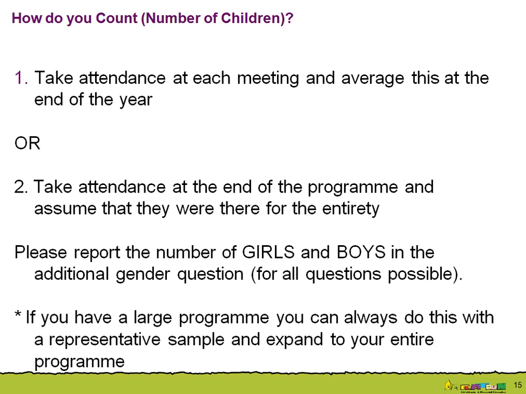The other option, because this is difficult for larger programs in different settings, is to more easily just collect data at the end of the program, do a survey of the program, and see how many children or youth finished the program, and then you make the assumption that they were there for the entire program, right?